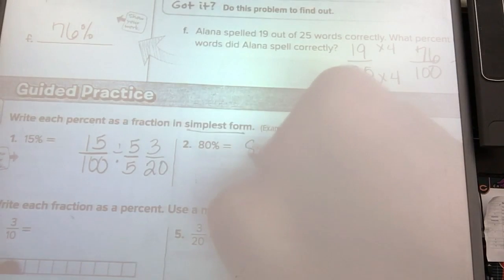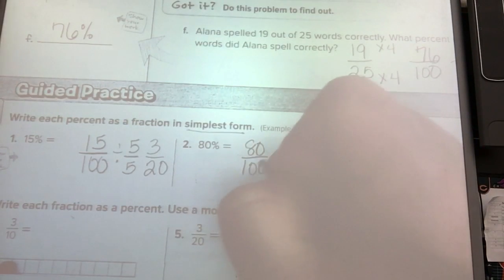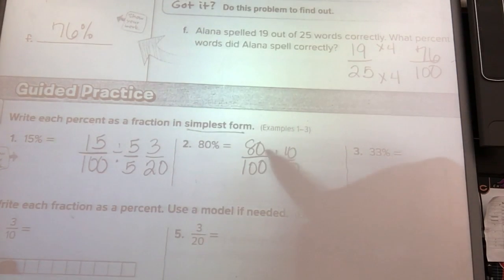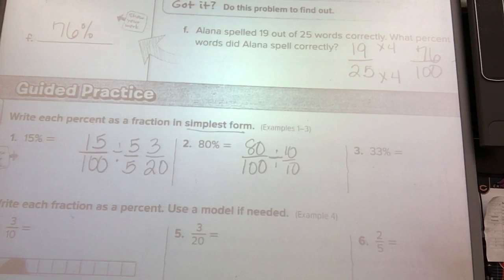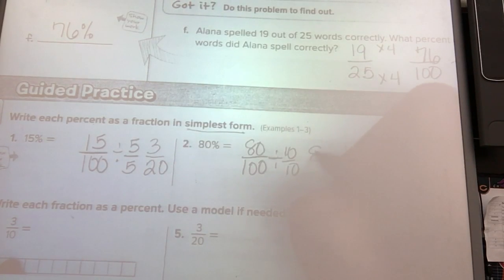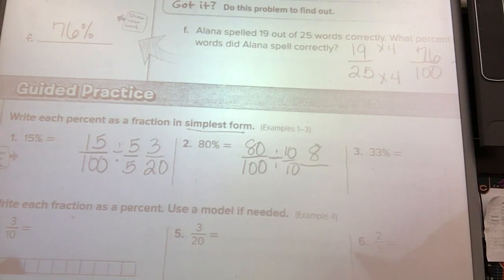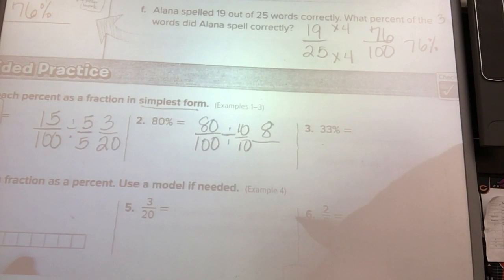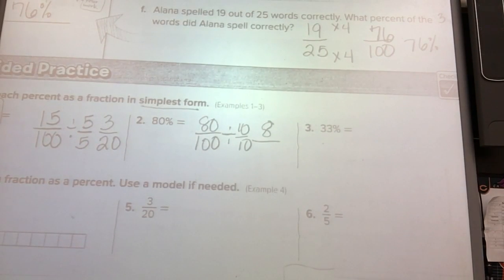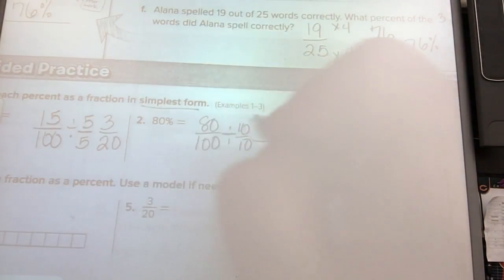80%, 80 out of 100. Well, let's reduce this by 10 because that seems really easy. Divide by 10 on the top and bottom. How many times does 10 go into 80? How many times does 10 go into 100? Good, 10.